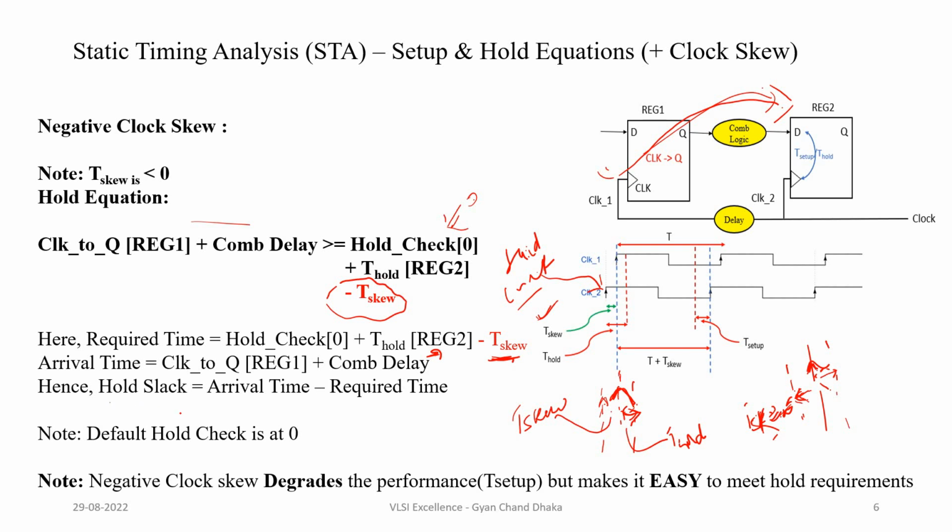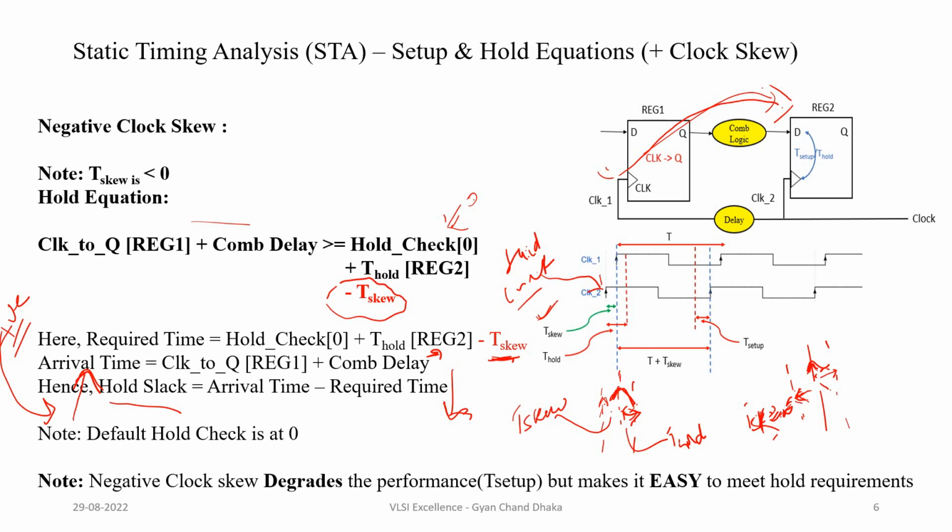So if you see now the hold slack, the hold slack is arrival time minus required time. The required time has decreased, so now the hold slack will increase in the positive direction. So with negative clock skew, our hold slack has improved.